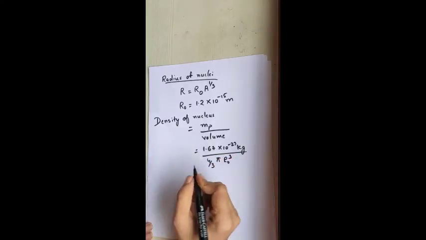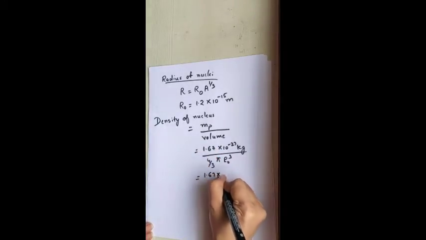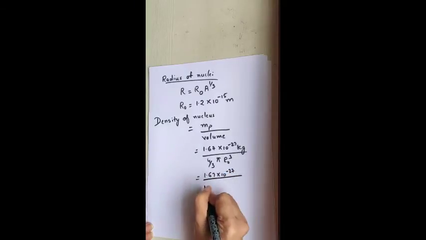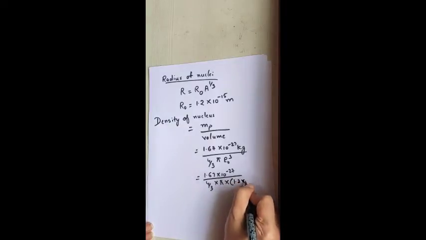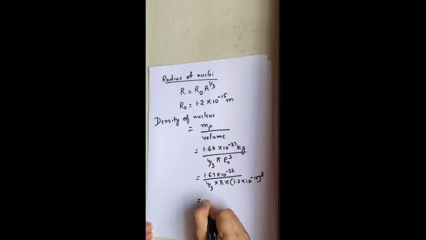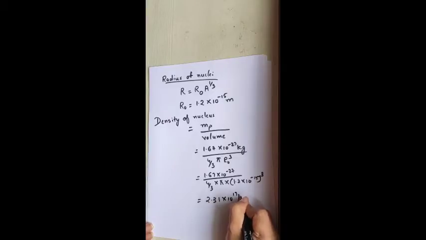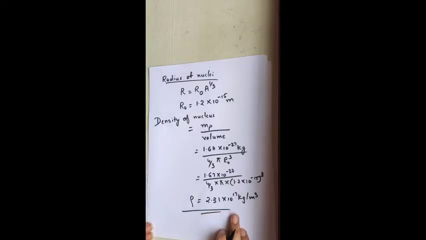So substituting the respective value for R0, I get 1.67 into 10 power minus 27 divided by 4 by 3 into pi into (1.2 into 10 power minus 15) cube. The final answer I get is around 2.31 into 10 power 17 kg per meter cube. Therefore, the density rho of the nucleus is around 2.31 into 10 power 17 kg per meter cube, which is a constant you must remember.